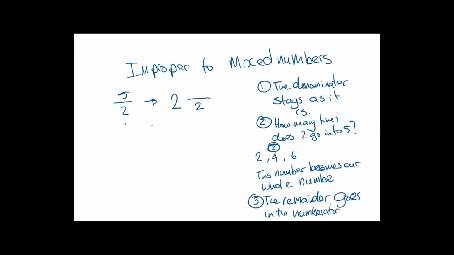So a quick way of working it out is going to be this 2 times this 2 equals 4. 4 minus the original number up here, 5, is a -1, so it's going to be 1. We have 1 left over. Okay, work it out in your head. Does 2 and 1/2 equal 5/2? Yes, that does.